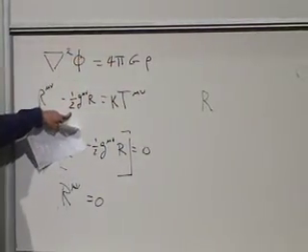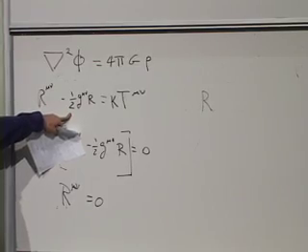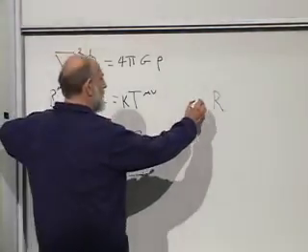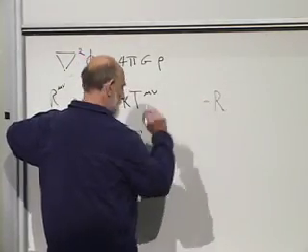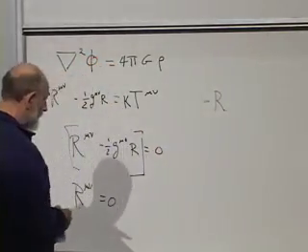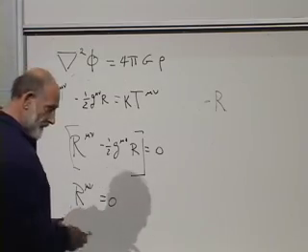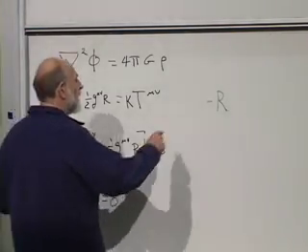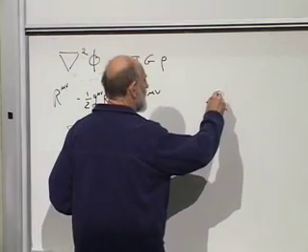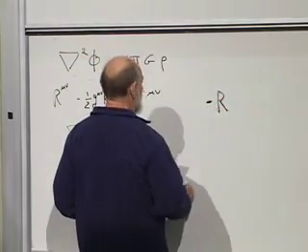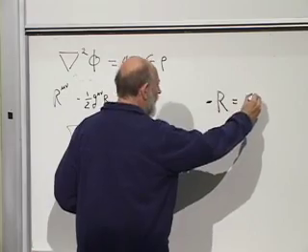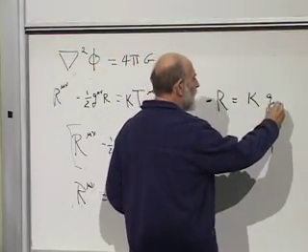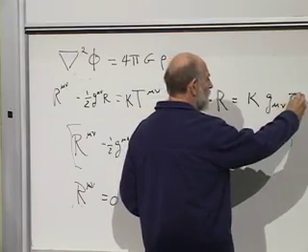The second term, remember what this was? Minus 2R. So that gives you altogether minus R. And on the right-hand side, you get kappa times g mu nu T mu nu.